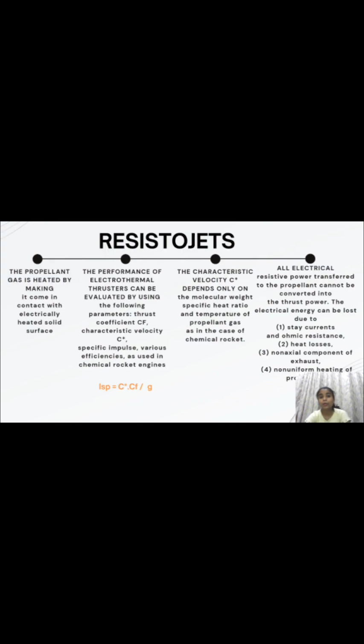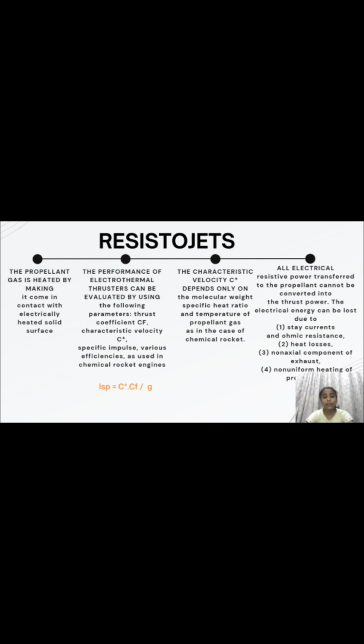Now talking about the first, resistojets. Here the first point is that the propellant gas is heated by making it come in contact with an electrically heated solid. What does it mean? I will give you an example. Imagine you have a special rocket fuel, like a gas. To make it really hot, you can make it touch a surface that heats up when you pass electricity through it.